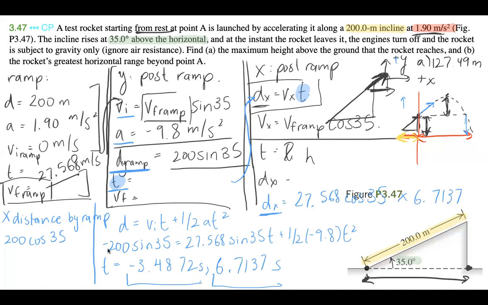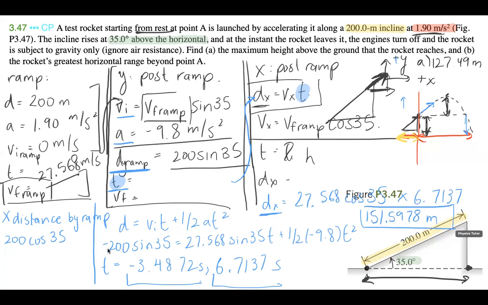I'm just going to plug this into my calculator because I have so many numbers on my page. I'm getting that it's 151.5978 meters.